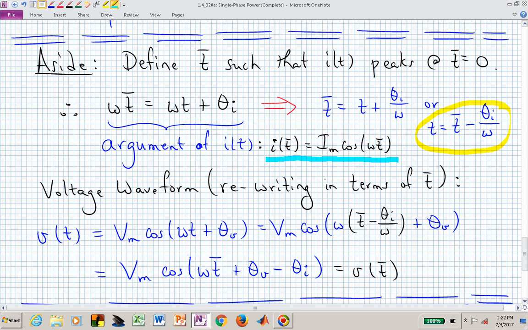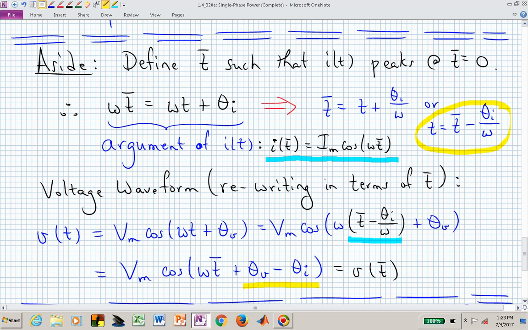Well, if we rewrite the voltage waveform in terms of t-bar, where we replace little t with t-bar, in terms of t-bar and theta sub I, you can now see with the algebra that the voltage is now going to contain all of the phase difference, which is theta sub v minus theta sub I, and the current is going to not have a phase shift in its argument.